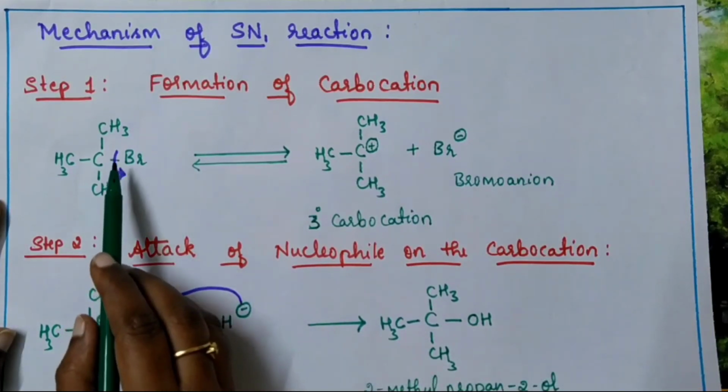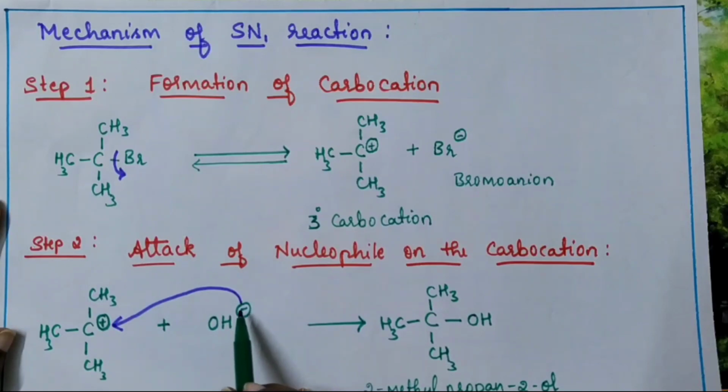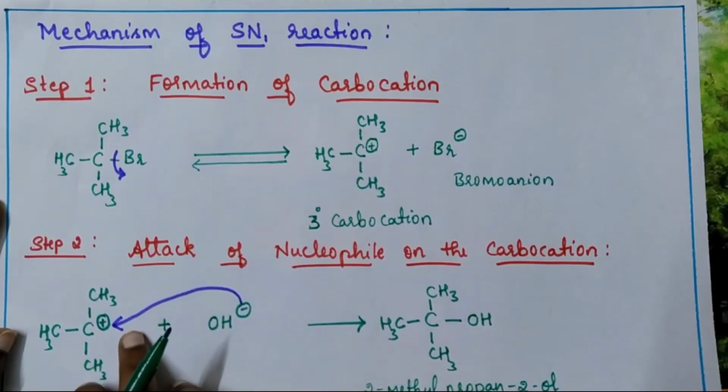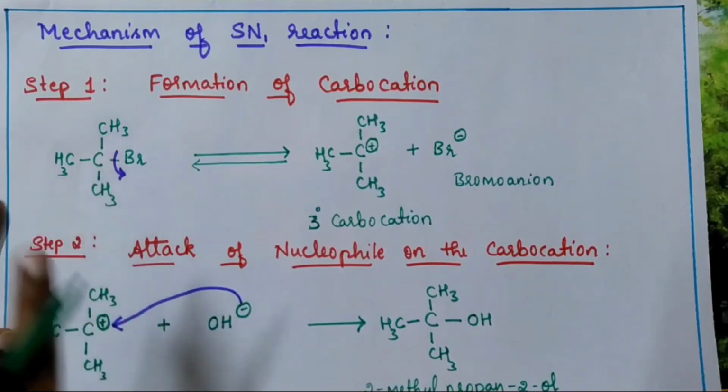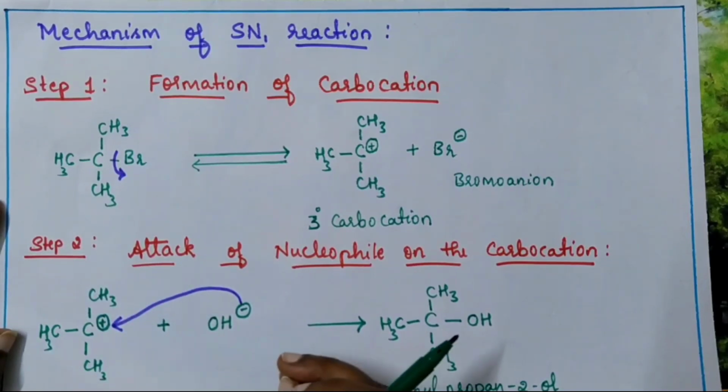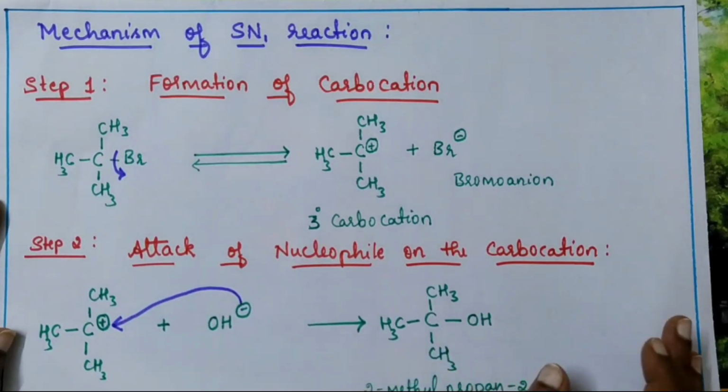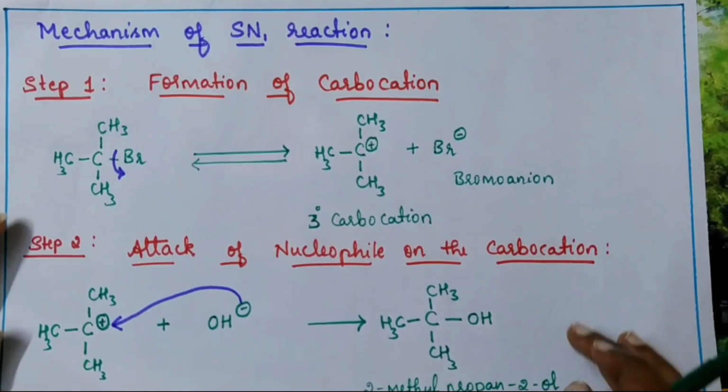The breaking of bond and the attack of nucleophile on the carbocation. You must show these steps in terms of arrow marks. Okay, in mechanism, if you miss the arrow marks, there is a chance of losing marks in your board examination. I hope you guys understood this.